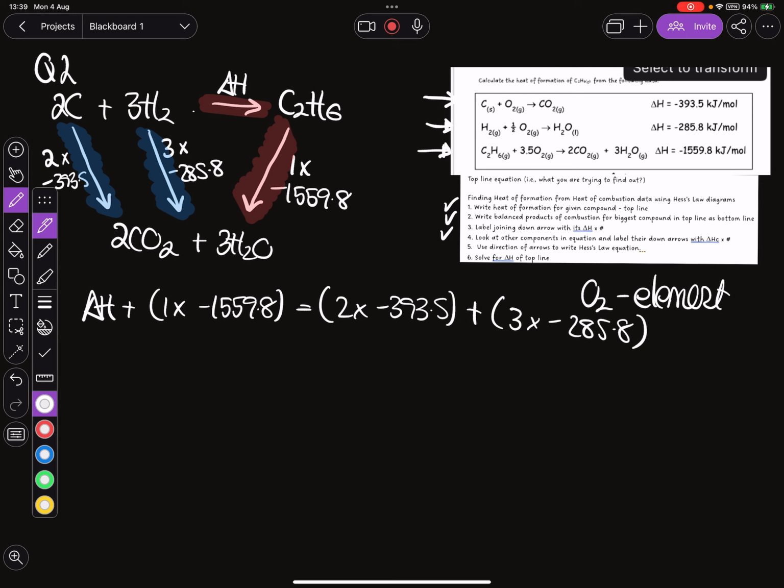Now, normally with any calculations, if you've watched my videos, we don't change anything, we just rearrange, but we are going to solve this part here. So plus by a minus is a minus, and 1 by 1559.8 is minus 1559.8, and then we finish it again.